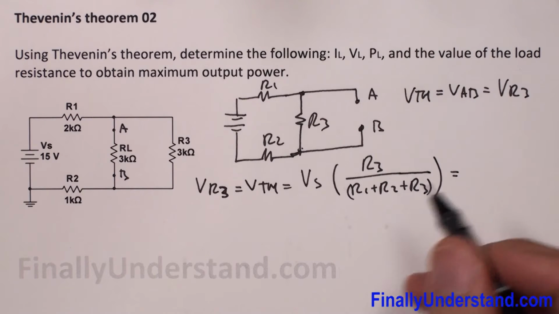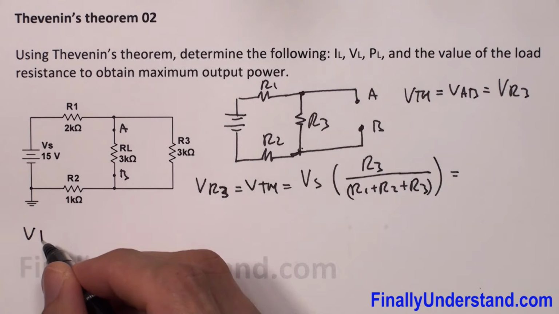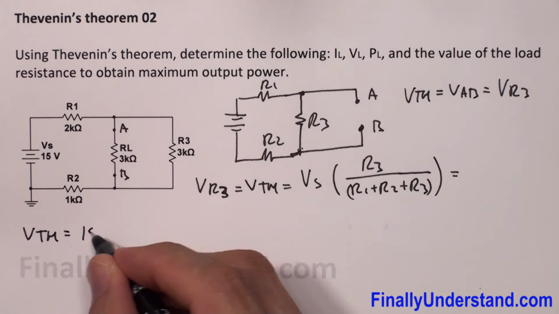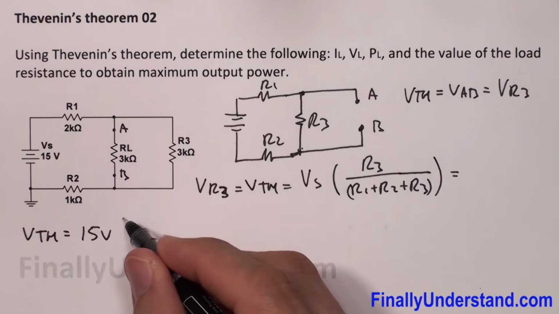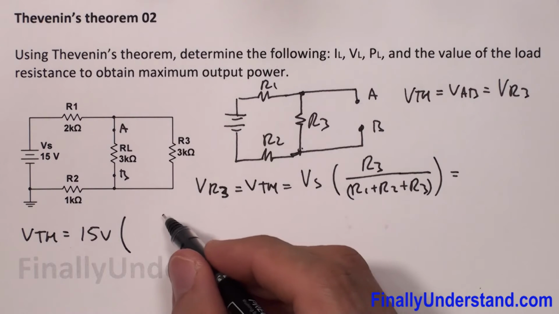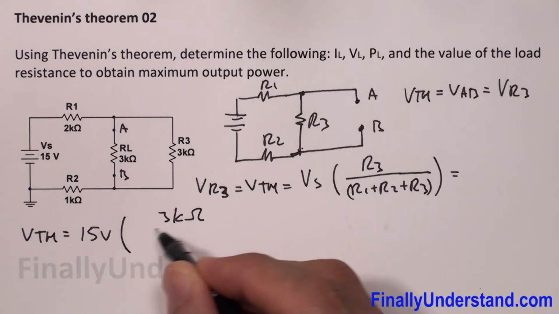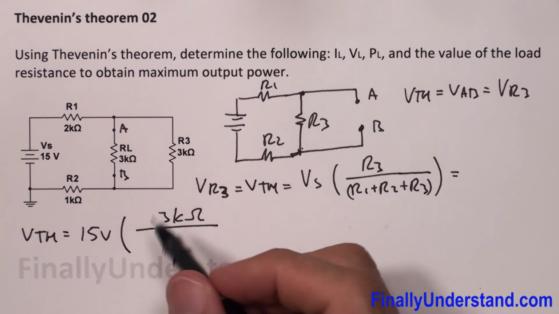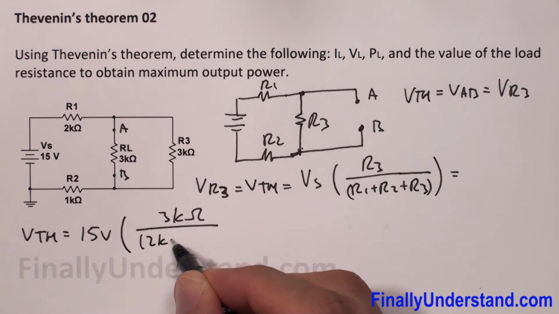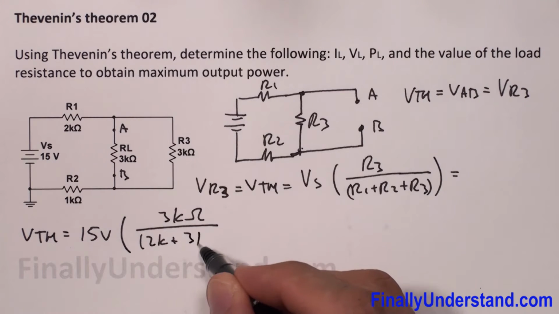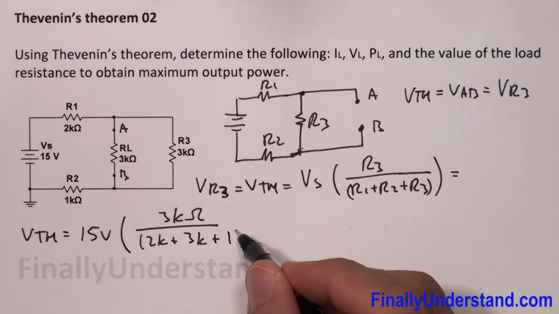Okay, so VTH is equal to the voltage source, 15 volts, times R3, which is equal to 3 kilo ohms, over 2 kilo plus 3 kilo plus 1 kilo.